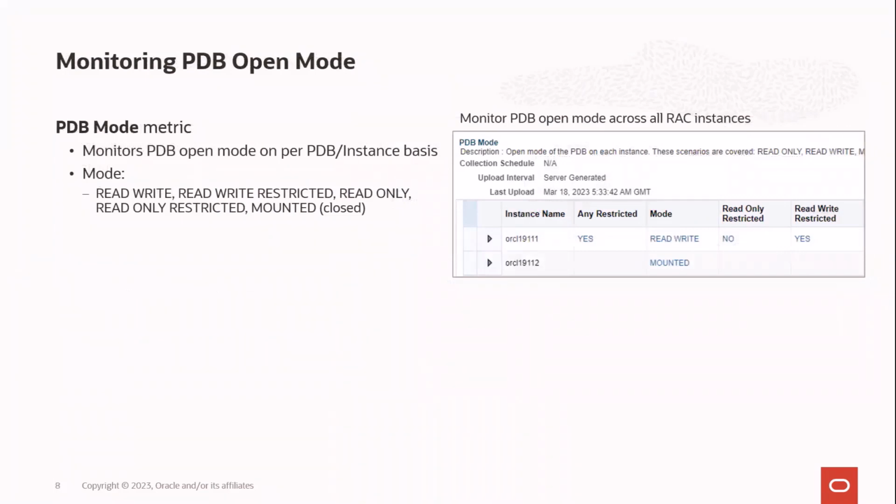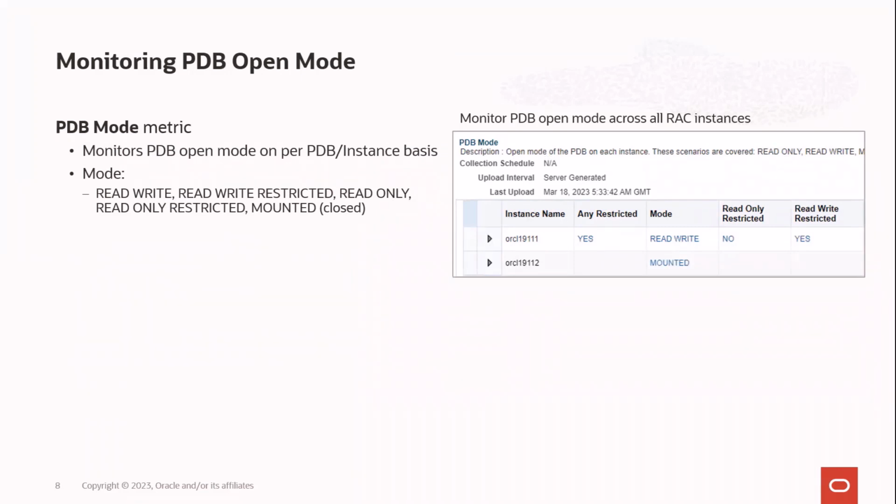Whether or not DBAs choose to open the PDB on all or a subset of instances of a rack, they may want to get alerted if the PDB is not open on the desired set of rack instances. Or perhaps the PDB is open, but is open in restricted mode, and they may want to get alerted for this as well.